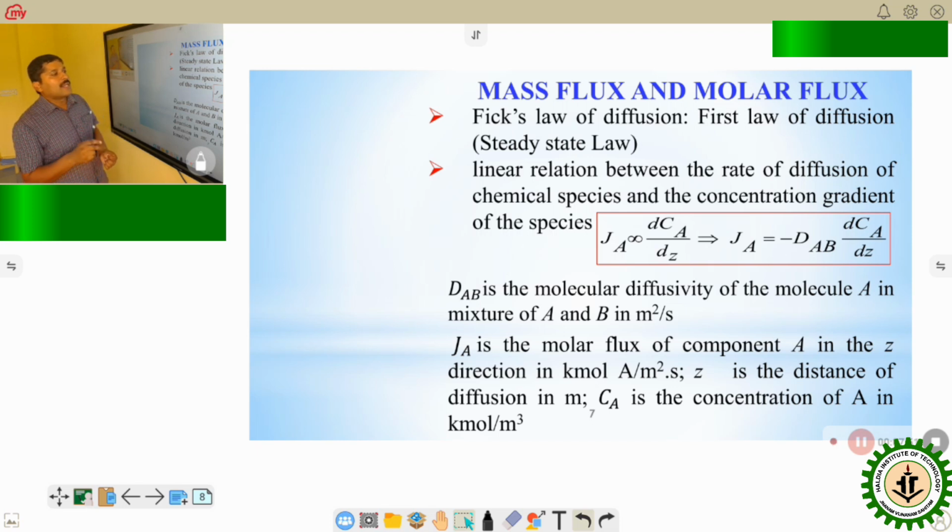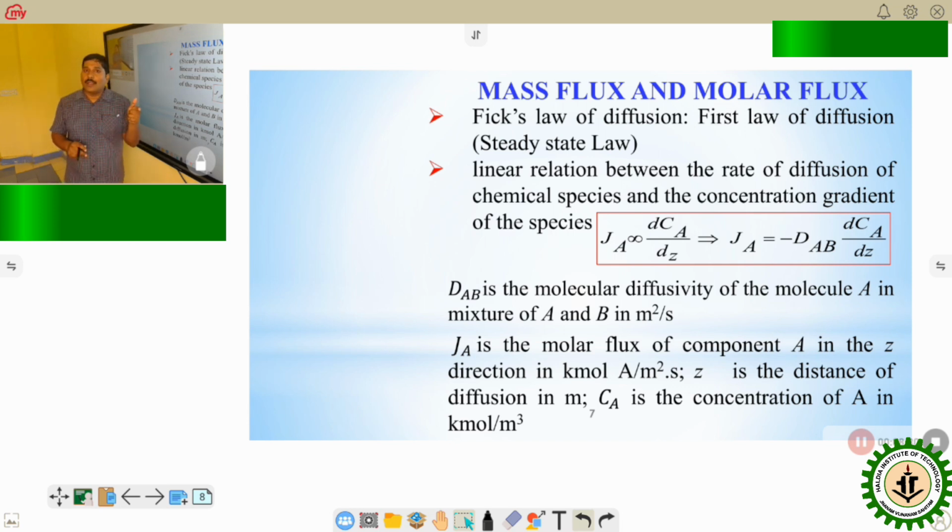Here, the rate of diffusion we are representing as J_A is proportional to dC_A by dZ, that is the concentration gradient, change in concentration per unit length. If we simplify this, we get J_A equal to minus D_AB dC_A by dZ. Here D_AB represents the diffusivity, or molecular diffusivity.